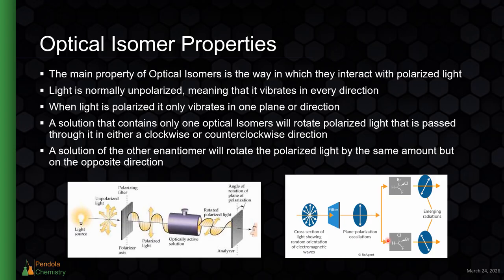But if I put it through the opposing enantiomer, it is going to be rotated by 30 degrees, but to the right. So they rotate light in opposite directions. A solution of one enantiomer will rotate light by the exact opposite amount, clockwise or counterclockwise, than the other enantiomer. That's one of the main differences between different optical isomers.